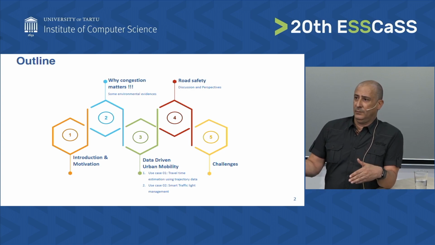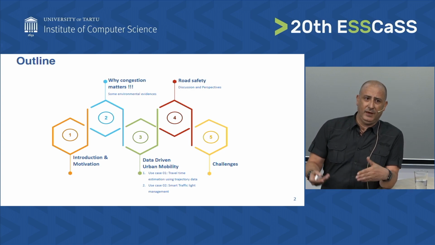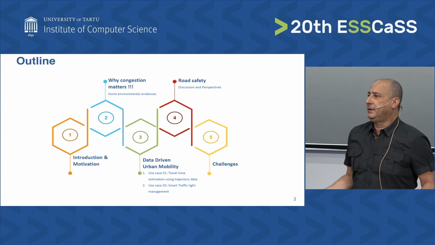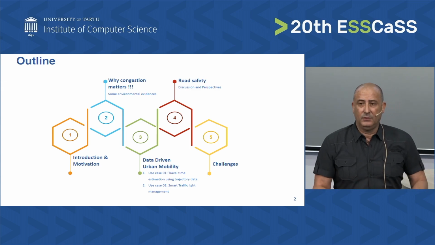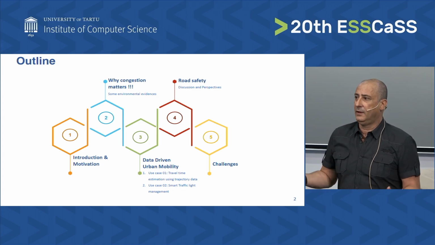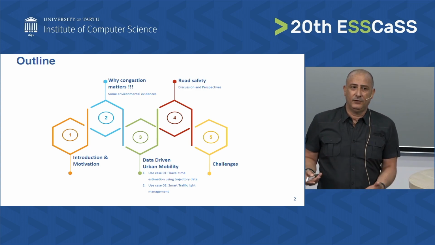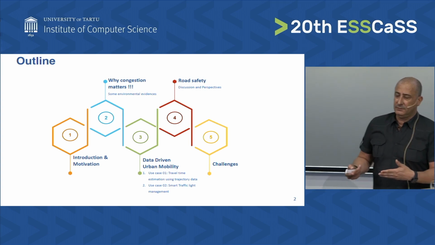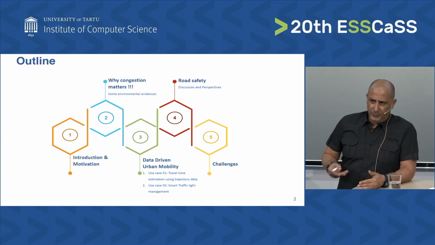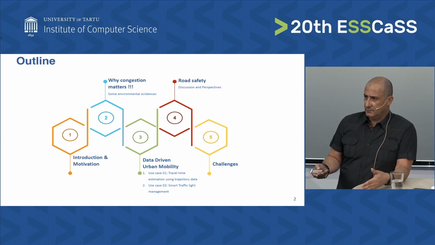Later we will see that vehicles will communicate with other types of entities, which can be drones, scooters, or e-bicycles. This is how we can manage road safety within these new settings.